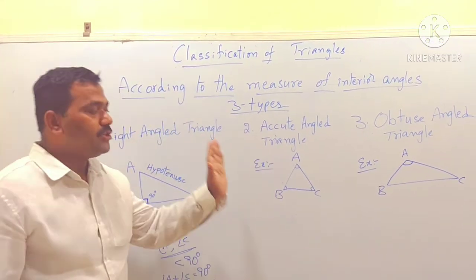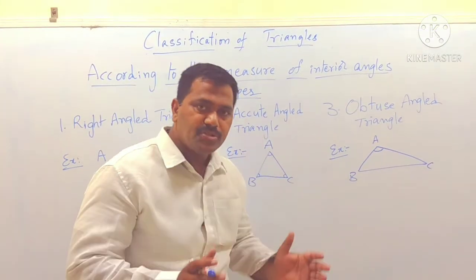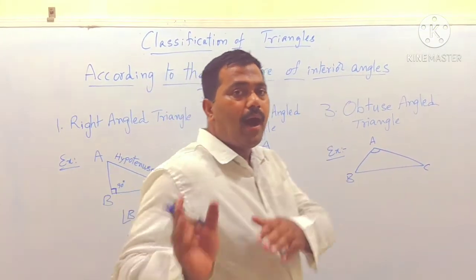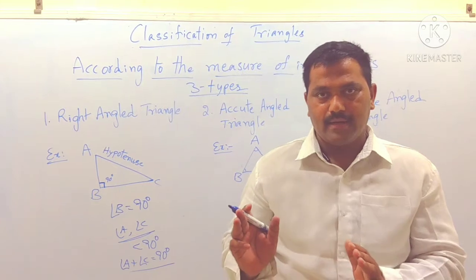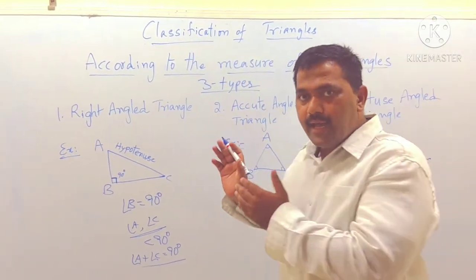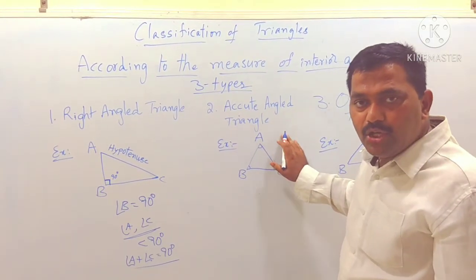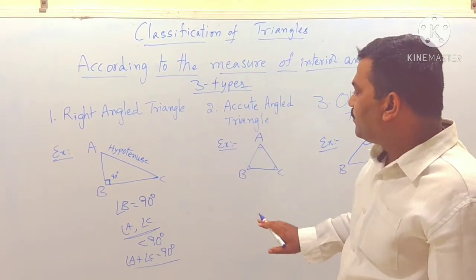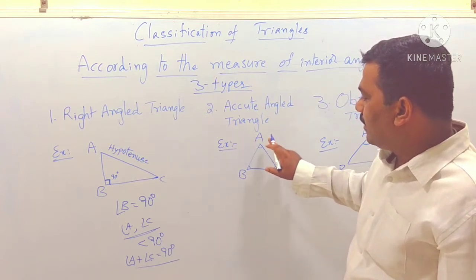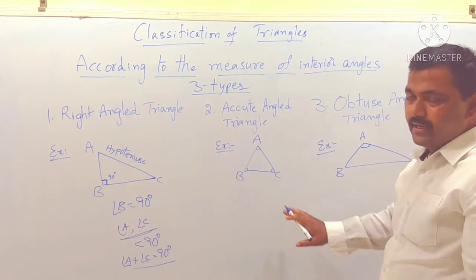Okay, next coming to the acute angle triangle. In a triangle, if all the three interior angles are less than 90 degrees, then it is called an acute angle triangle. For example, here triangle ABC or triangle BCA.